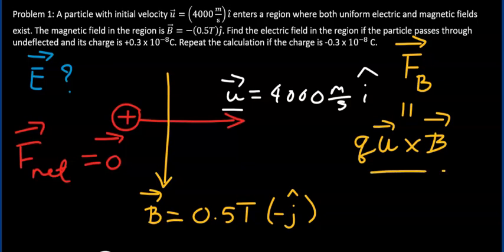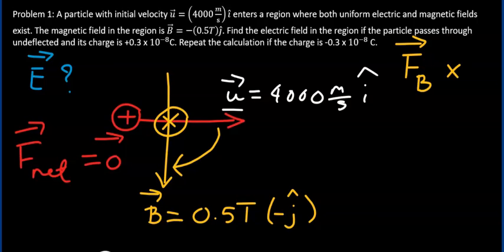When you curl your right-hand fingers from the vector u to vector B, you will notice that your right-hand thumb would be pointing inward into the plane. So the direction of the magnetic force is represented by that cross. The direction of the magnetic force is going into the plane. So that is the direction of the magnetic force.